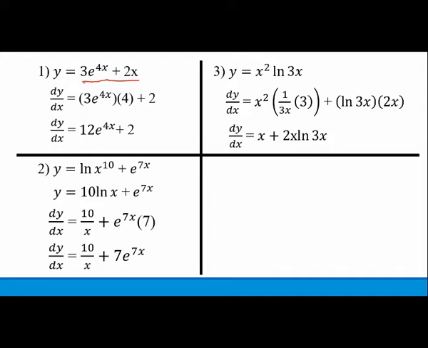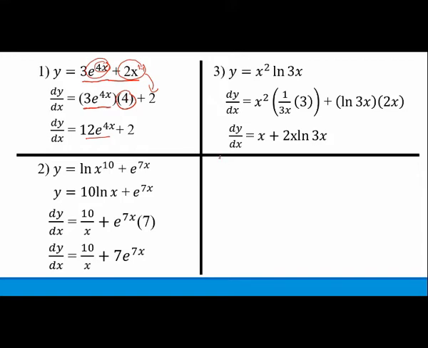For this case, I first settle 2x: it becomes 2, because x to the power of 1 minus 1 is 0. For e^(4x), you just copy again as usual, 3e^(4x), but you differentiate the power 4x and you get 4. So at the end, 3 multiplied by 4 becomes 12e^(4x) plus 2.